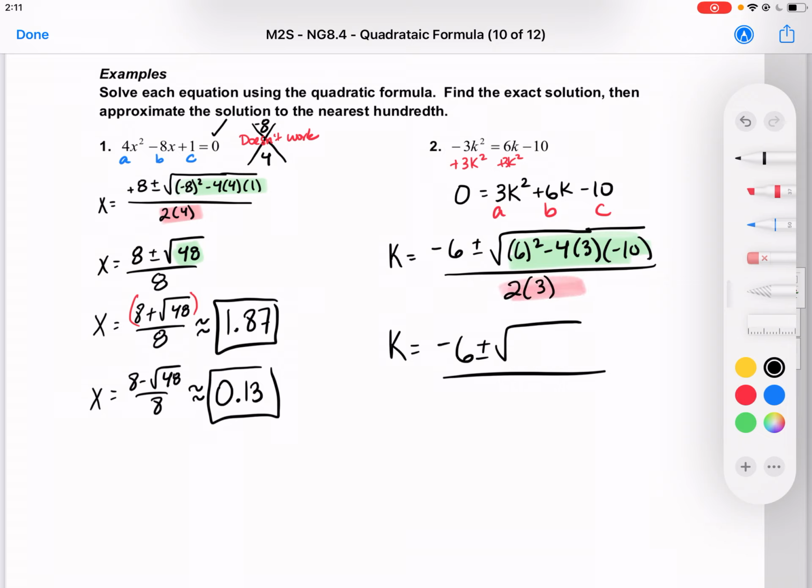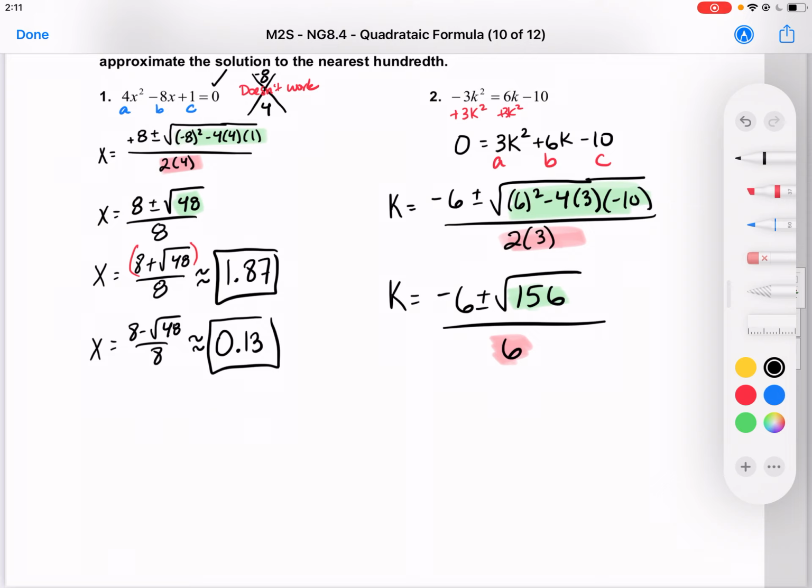So we have 6 squared minus 4 times 3 times -10, that will give you 156, and then the bottom will be a 6. 2 times 3 is 6.